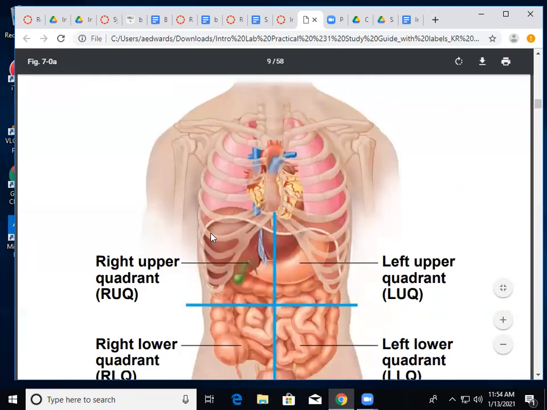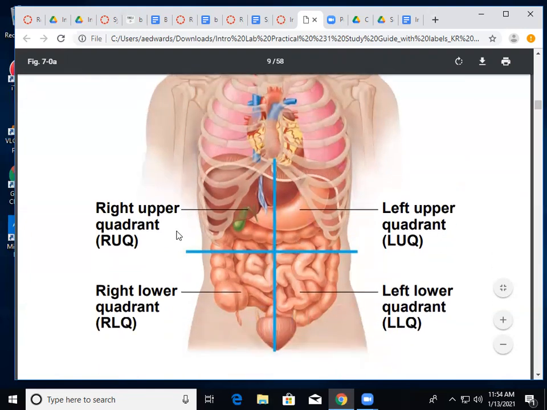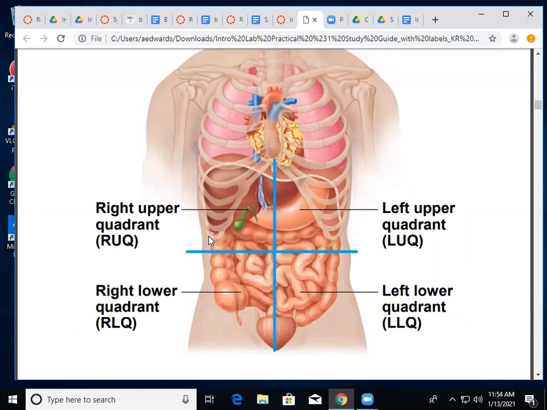In the abdominopelvic cavity, we can divide up that area into quadrants. Think about it from the perspective of the patient. So your right is the patient's left, and your left is the patient's right. This is the right upper quadrant, or RUQ.